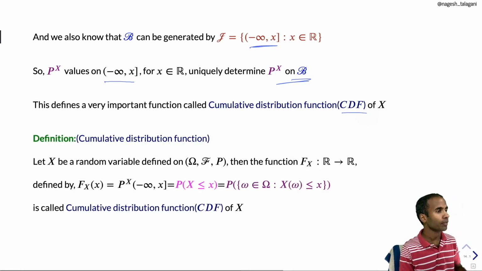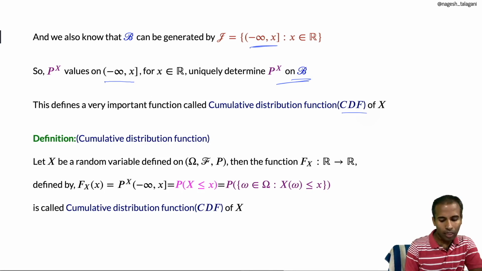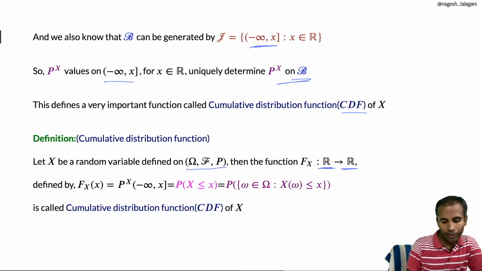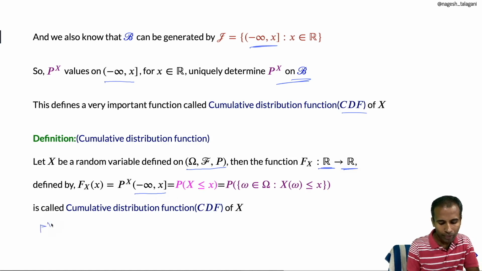Here is the definition. Let X be a random variable defined on the probability space (Omega, F, P). Then the function capital F_X, a function from real numbers to real numbers, is defined like this: the function value at x is defined as the probability of the interval (minus infinity, x] under P_X. We know what we mean by P_X of (minus infinity, x], which means the probability of the event X inverse of (minus infinity, x].